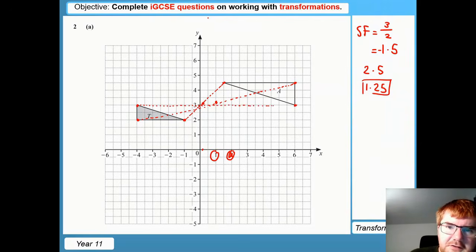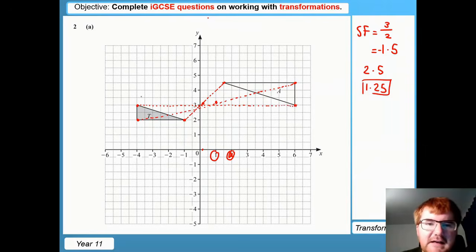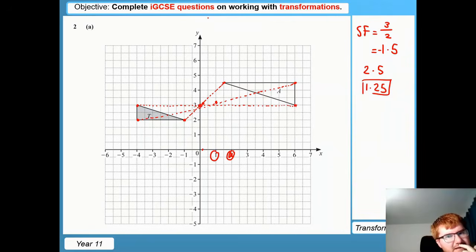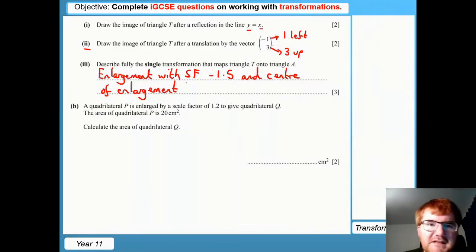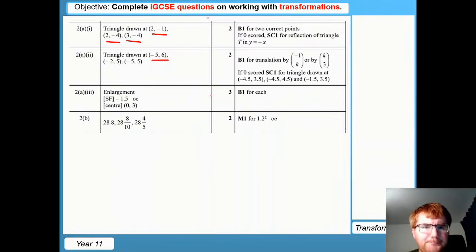Now the key thing is to do this with a ruler because a clear point then comes in terms of our rotation point. I think we can see here that most of the lines do cross here. If you do this more accurately, we will get this, and so this is going to be our negative enlargement point, which is at 0, 3. So we pop that in and just say the center of enlargement is at 0, 3.